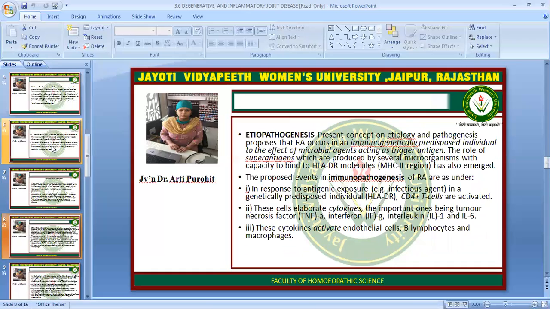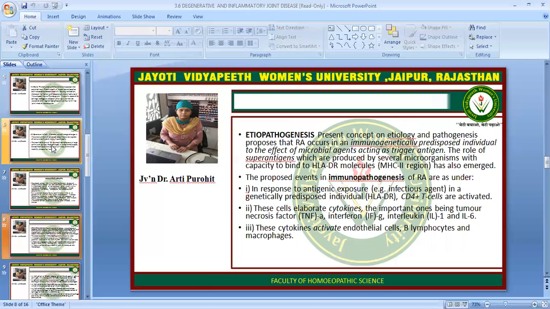Etiopathogenesis: the present concept is that RA occurs in an immunogenetically predisposed individual, with a microbial agent acting as the trigger antigen. The role of superantigens, which are produced by several microorganisms with the capacity to bind to HLA-DR molecules, the major histocompatibility complex class II region, has also emerged.